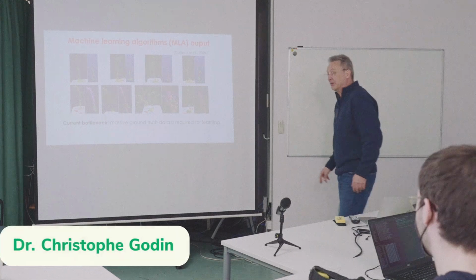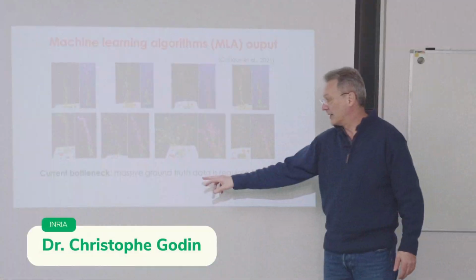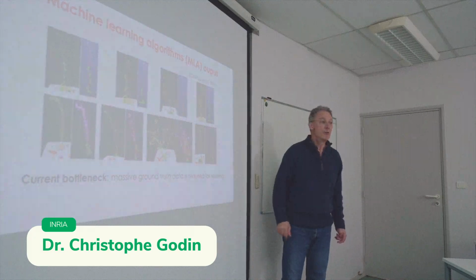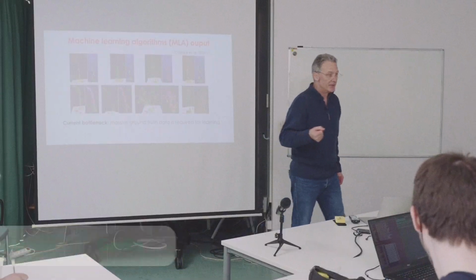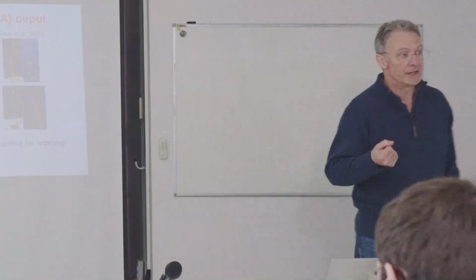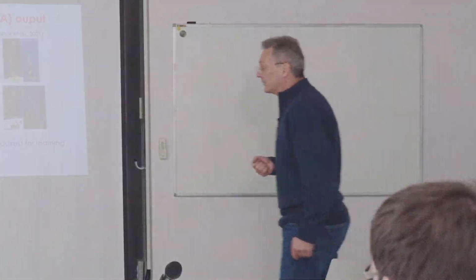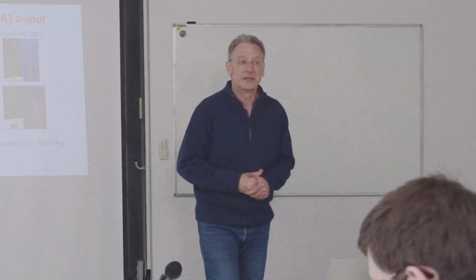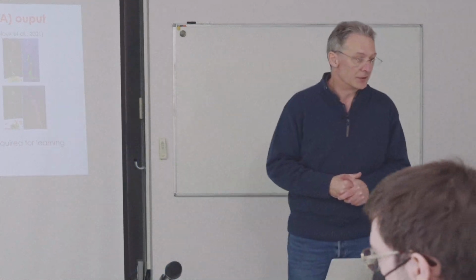So this is the current bottleneck where we are. We need absolutely massive ground truth data if we want to train this new family of algorithms to produce these 3D structures and segment them in the correct botanical way.